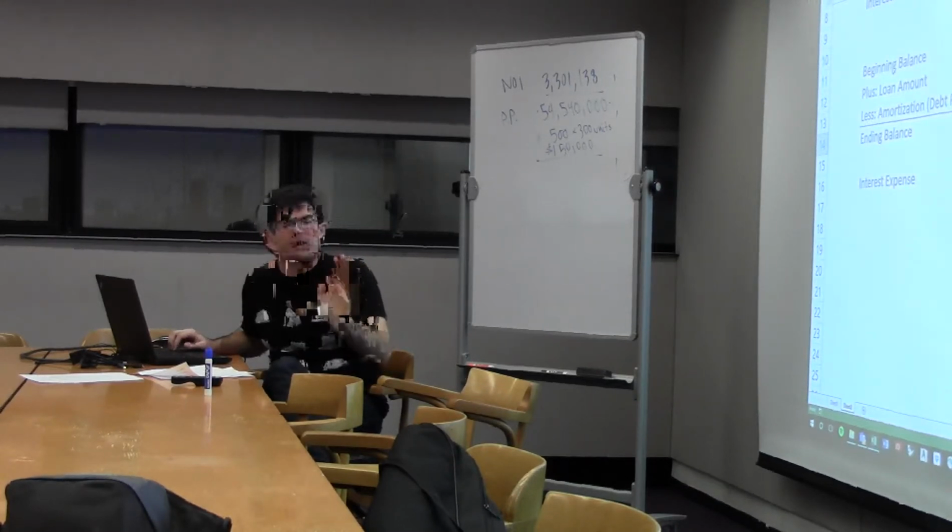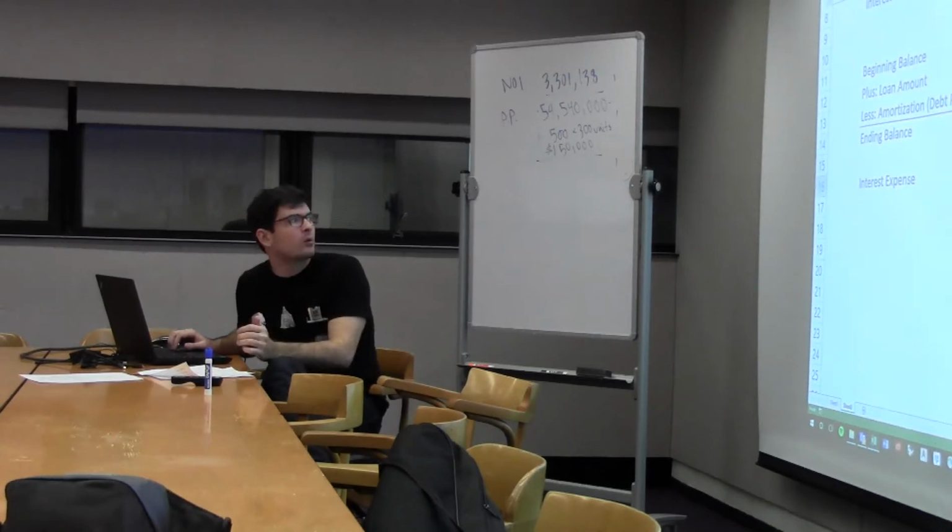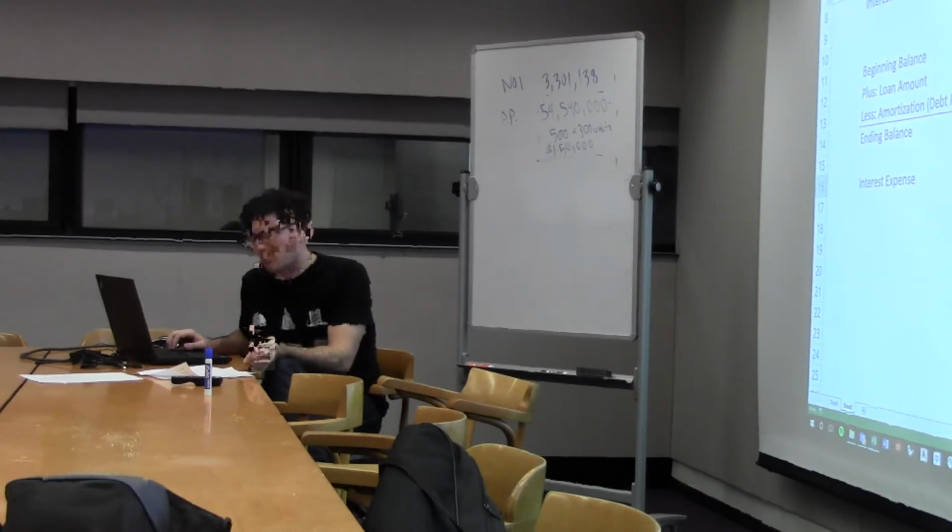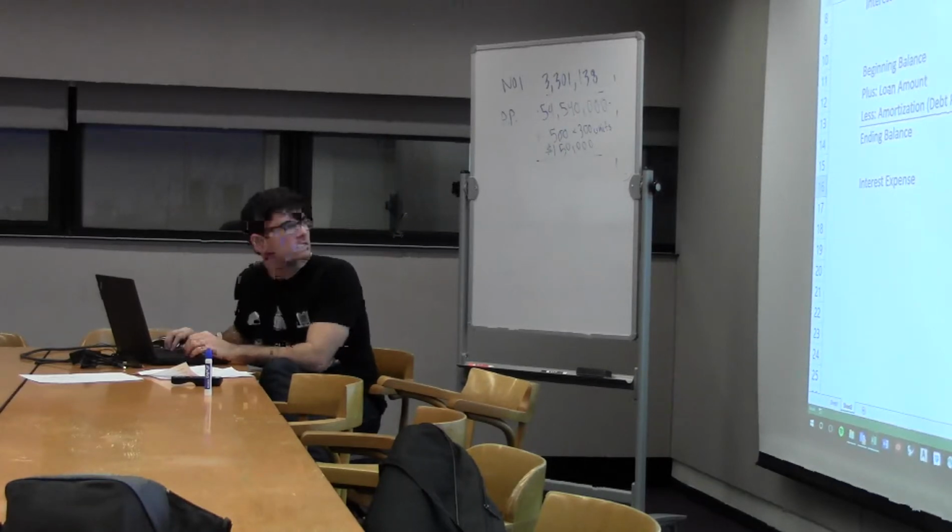We don't pay anything. The interest kicks in year 1, after 1 year has gone by, and we owe interest on top of the amount that we're paying down. So it's 6%, right? So 6%.